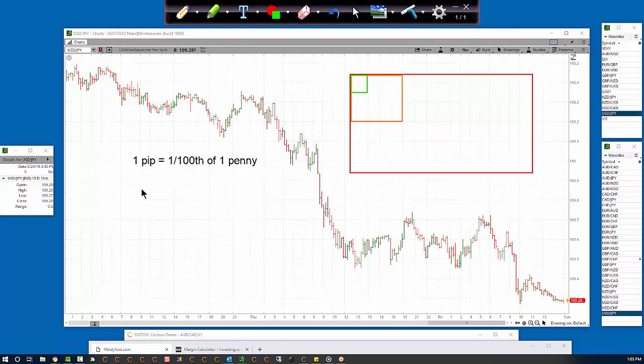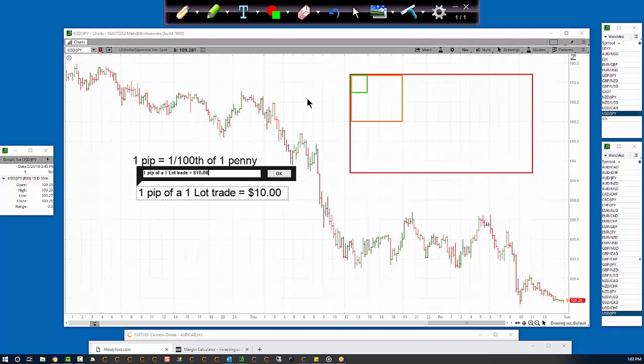So what that means is that 1 pip of a 1 lot trade equals about $10, right? Because it's 1/100th of a penny times 100,000, and that equals $10.